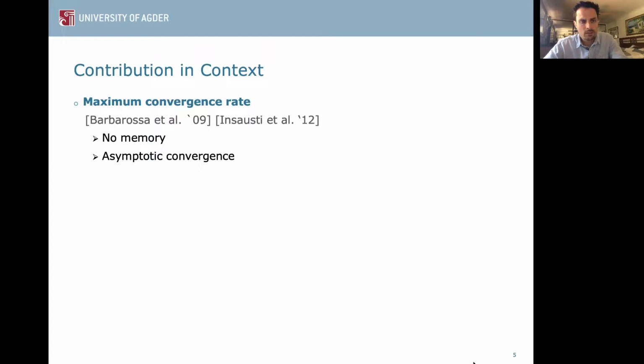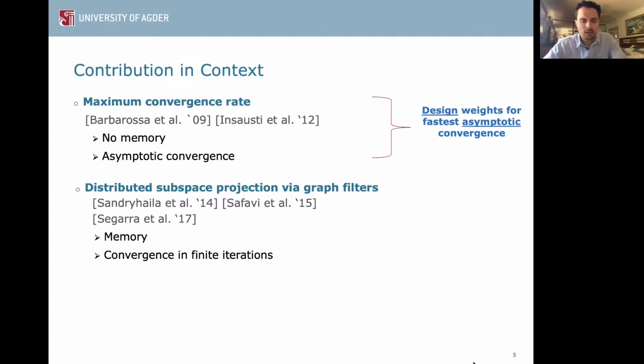Some of them try to maximize the convergence rate, but the convergence is only asymptotic. Others attain convergence in a finite number of iterations, but they assume that the weights of the graph filter are given, but this is not often the case, right?